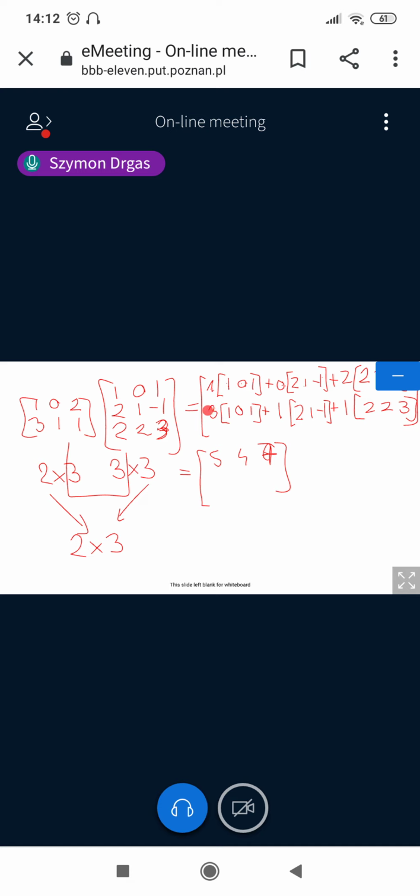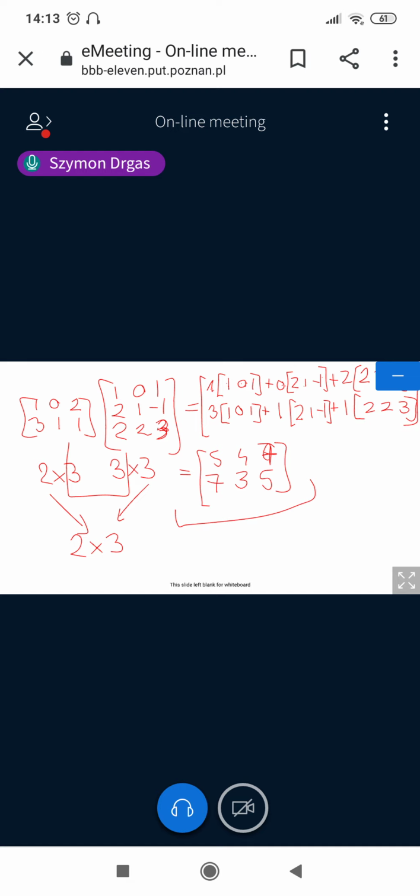And the second row will be 3 plus 2 plus 2, so it will be 7. 0 plus 1 plus 2, which is 3. 3 minus 1, which is 2, plus 3 is 5. Okay, so that's the result.